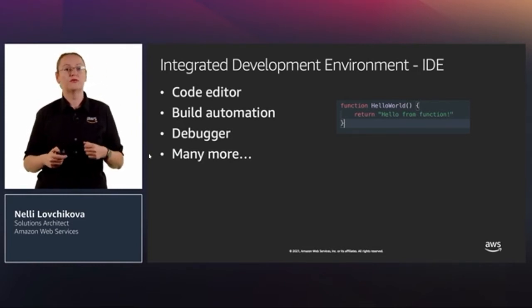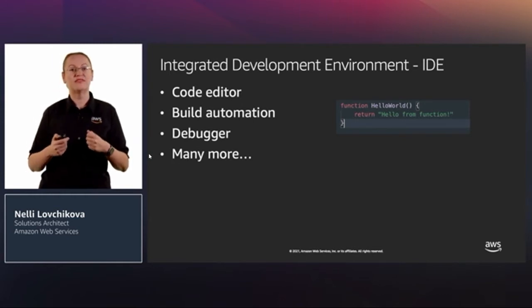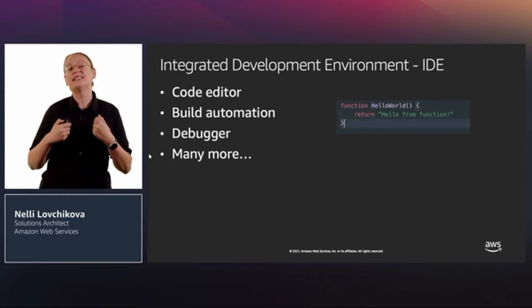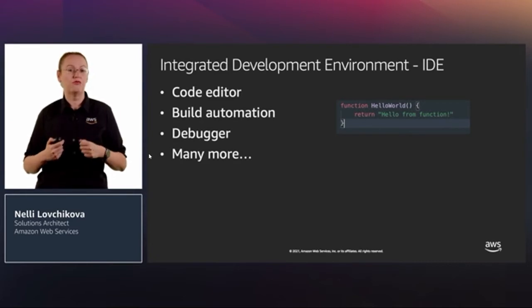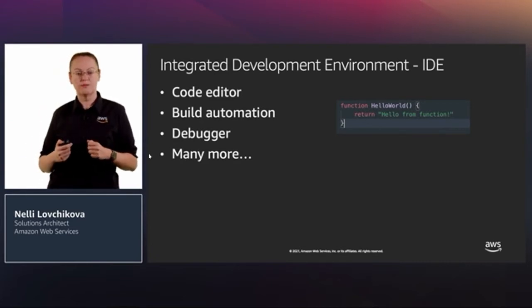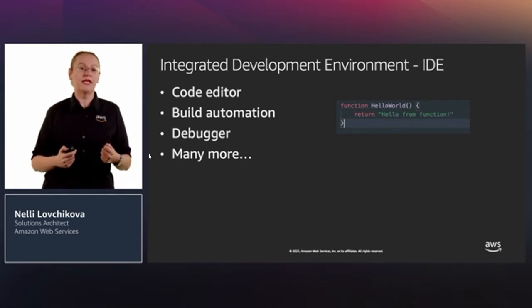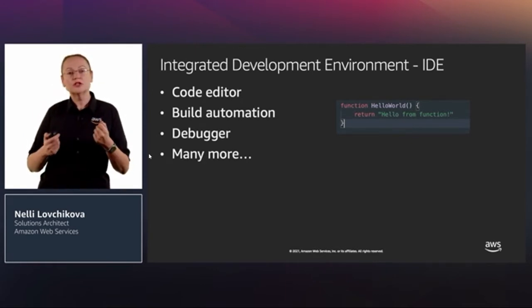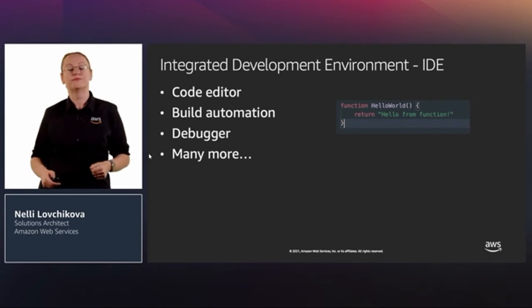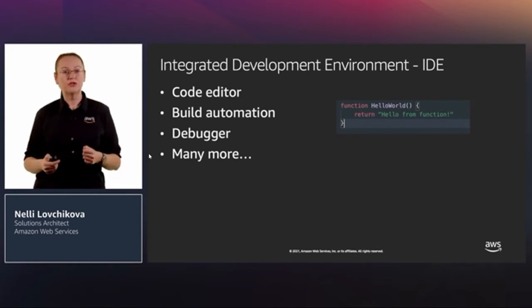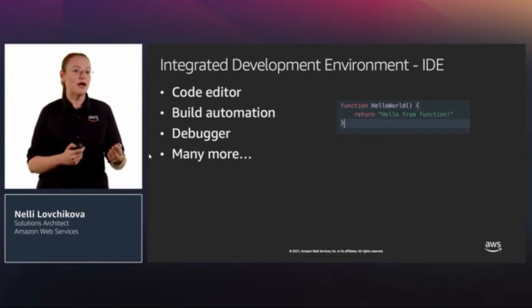The minimum set of tools are a code editor, so a text editor with syntax highlighting, and ideally with some sophistication for static code analysis; build automation, so you press a magic combination of buttons and your English gets compiled to binary; and the debugger, so you can fix this elusive bug.